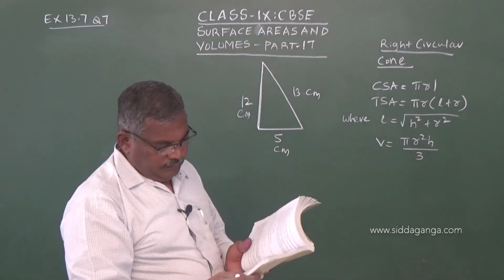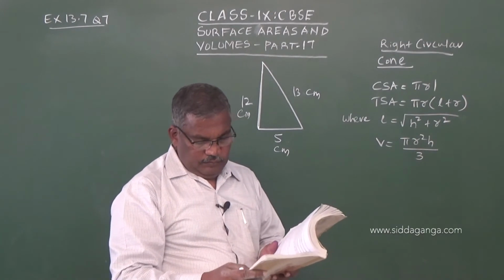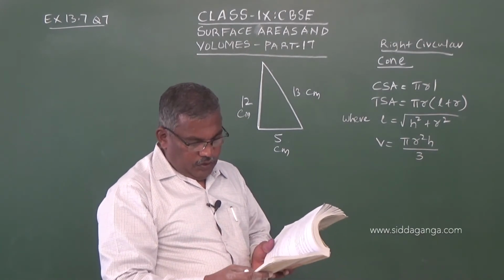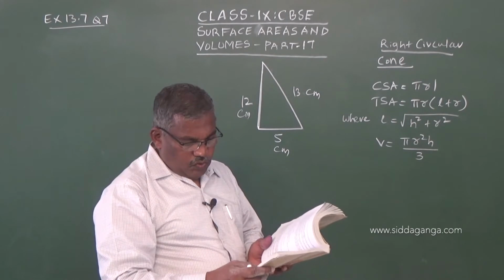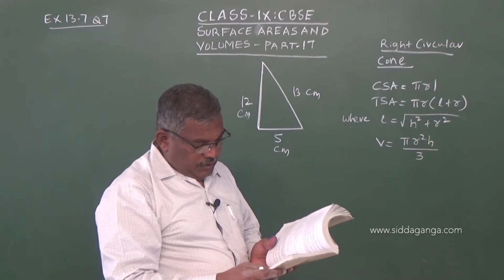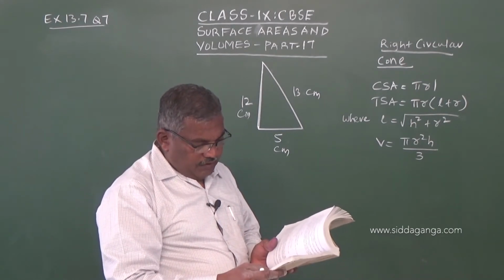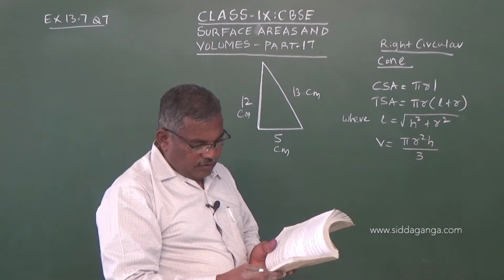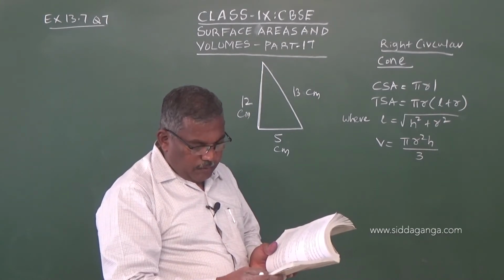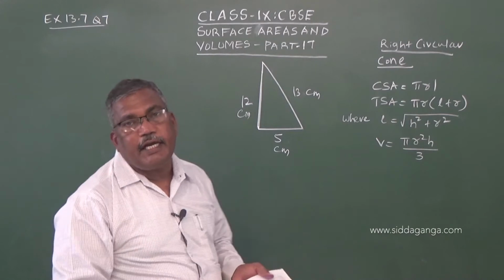Now find the volume. The right triangle ABC with sides 5 centimeter and 12 centimeter is revolved about the 12 centimeter side.